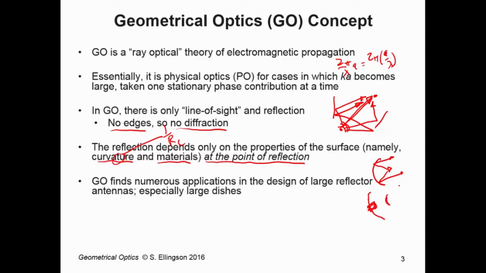There's a subreflector up here, so what happens is rays come in this way, bounce off the main reflector, bounce off the subreflector, and then arrive at the feed at the vertex of the large dish. The reason I mention it is because geometrical optics is just what you need to conveniently analyze these ray paths and then to determine the associated fields.